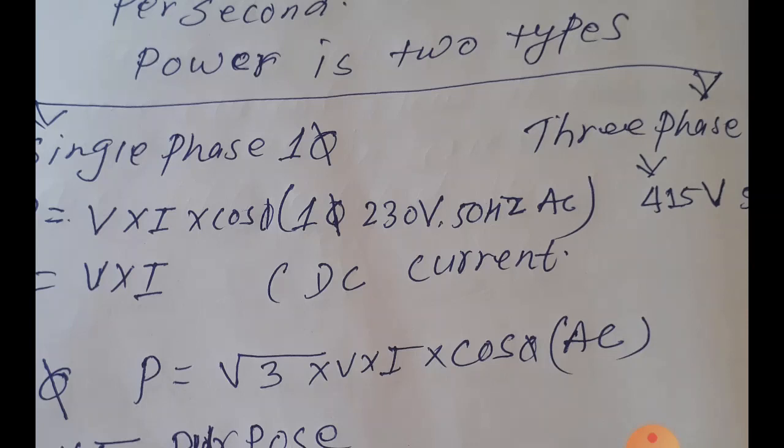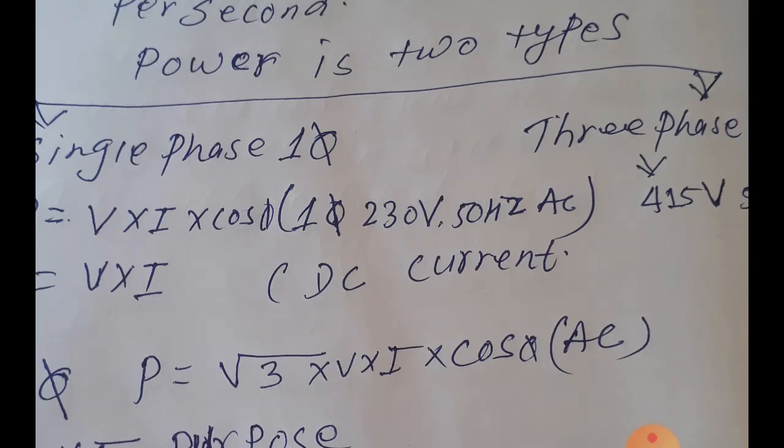Sometimes there is a loss, but in your building or house there are not many motors. If more motors are there, your power factor comes down. But in a house it does not come down like that.